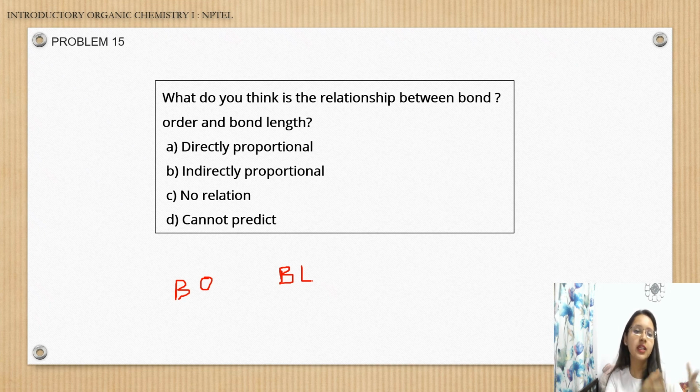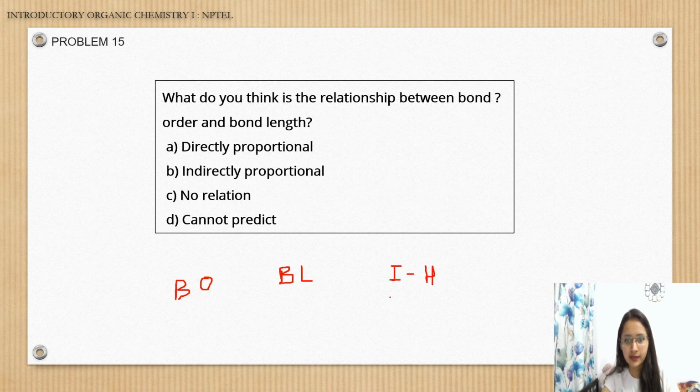One dictates how much strength your bond has, and the bond length is another aspect, because the longer your bond length, the weaker the bond. Agreed or not?